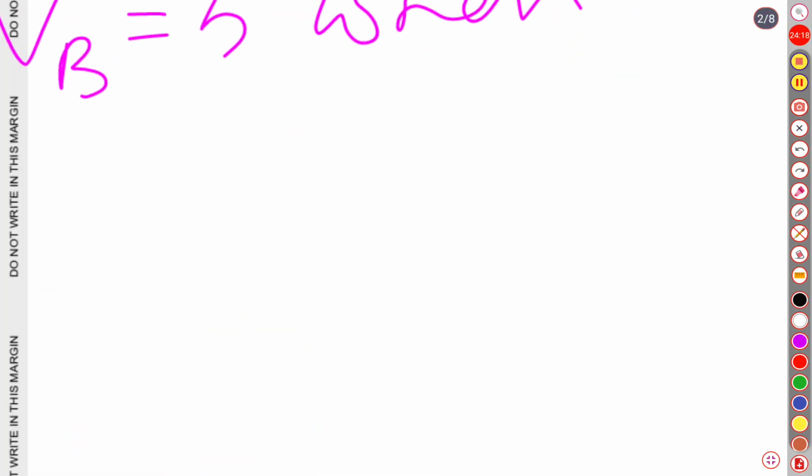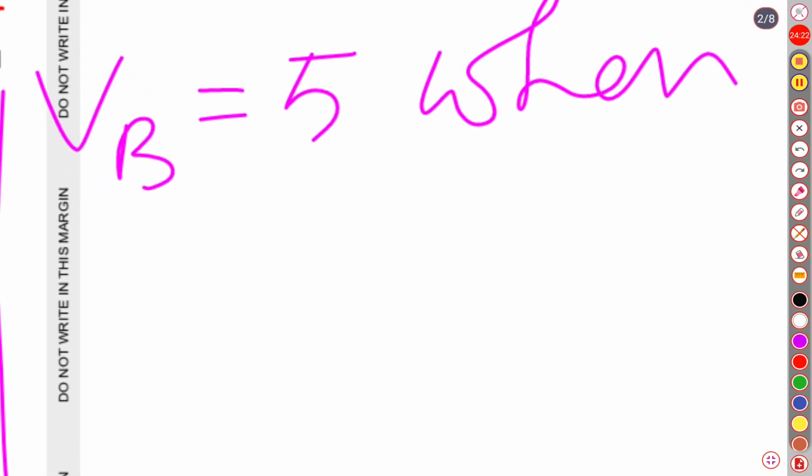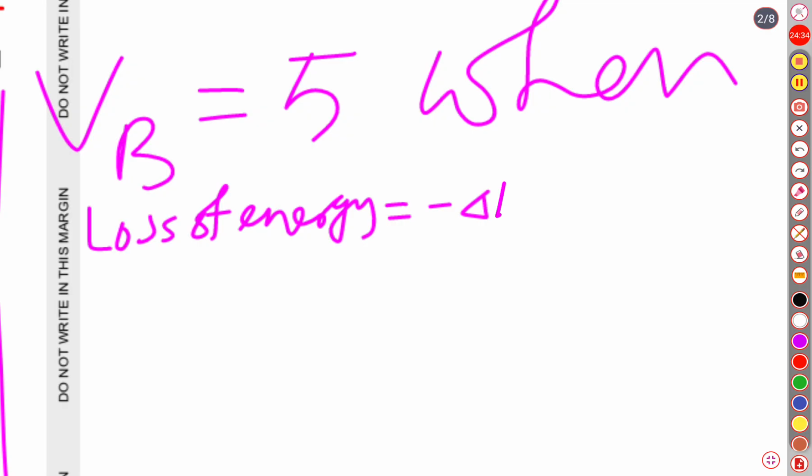Loss of energy, same concept, we apply the same formula. Loss of energy is equal to change in kinetic energy of particle A minus change in kinetic energy of particle B, before and after collision.